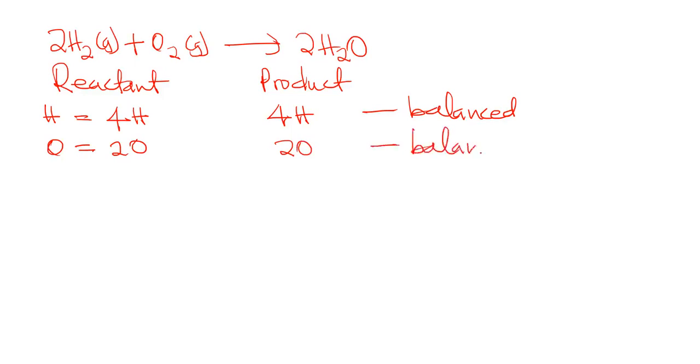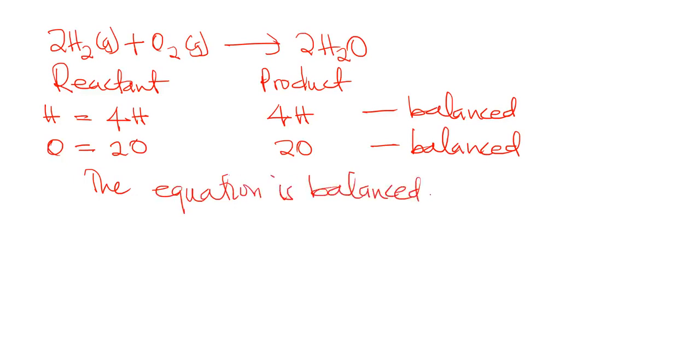So this is also balanced. So based on this, the equation is balanced. So let's look at another problem. So you don't balance energy, so you just leave the energy as it is. So I'll just say plus energy.